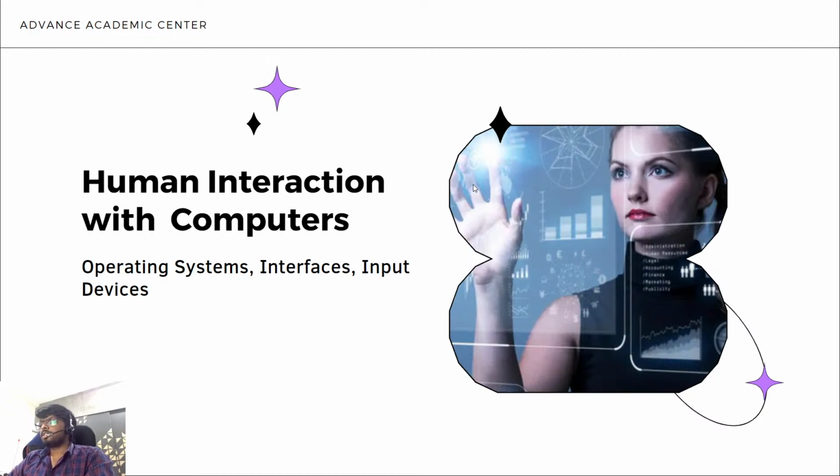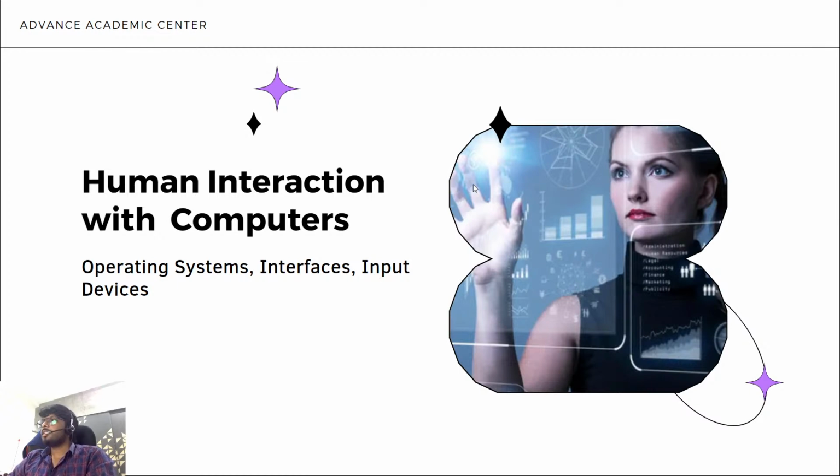You cannot code every time to interact with the computer, so people have already built some code to make it easy for users to interact with computers. For example, operating systems. Suppose we have an operating system called Android or Windows, it makes it easy for users to interact with the computer.